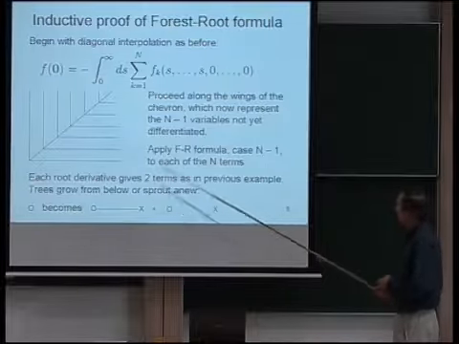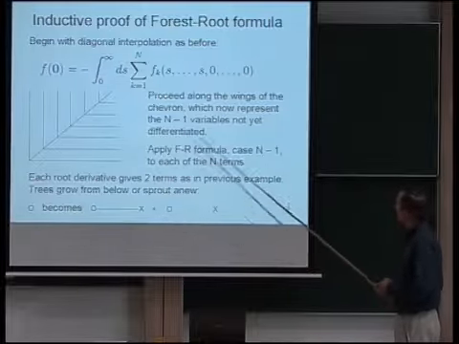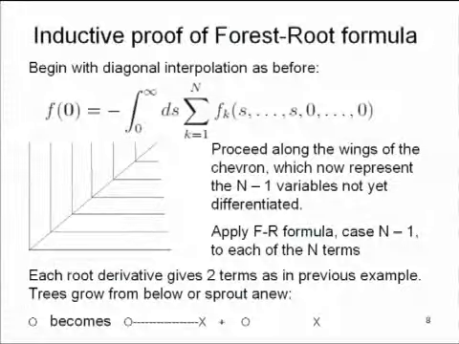To prove this, I won't go into too much detail, but basically you can prove this inductively. It's not too hard. You start with integrating on the diagonal, just as we did in proving the n equals 2 case. So then all these variables are the same.